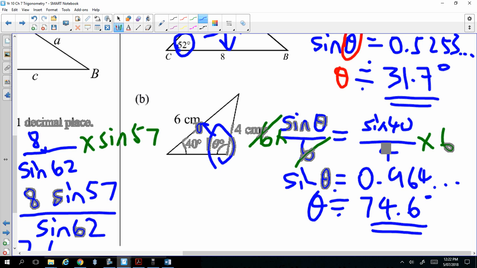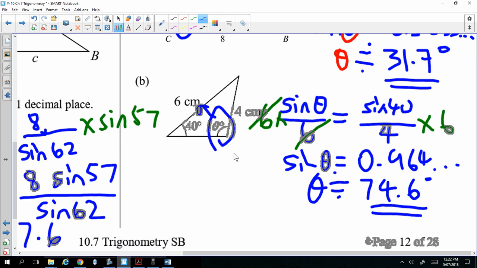Oh, there's a problem. Does that actually match the diagram? Does the angle match the diagram? Yeah, but it's actually obtuse, isn't it? This is not obtuse. So what happens is, when it is an obtuse angle, you have to do something special. You have to subtract from 180.